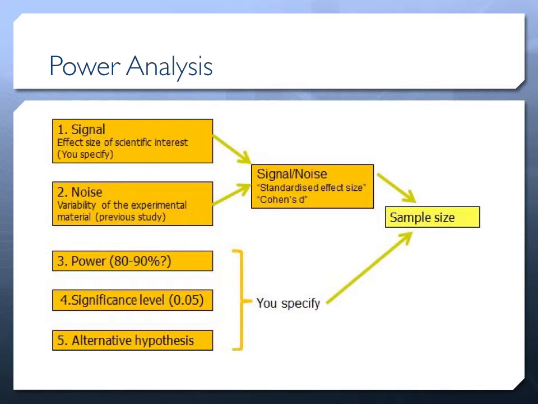And noise is the variability of the experimental material. When we're talking about the experimental material, we're talking about, number one, what's been done in the past and what kind of variability they have seen in the dependent variable as it acts on the independent variable, and what other variables there are in your study.